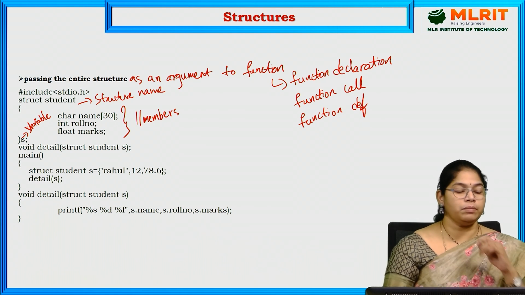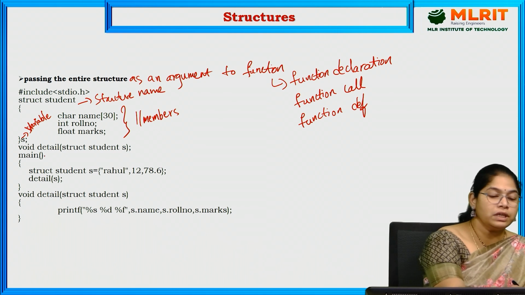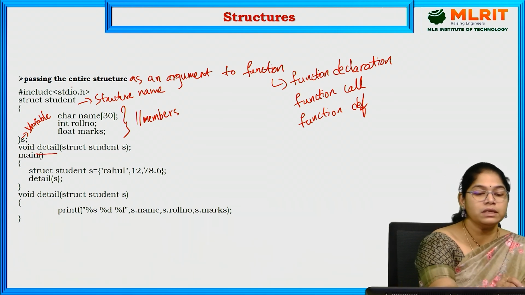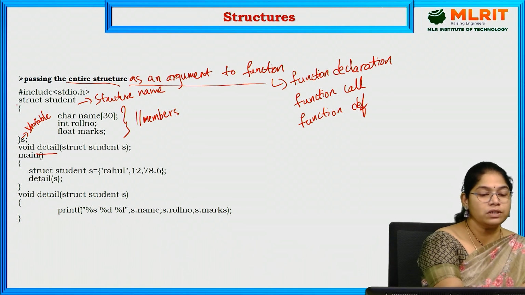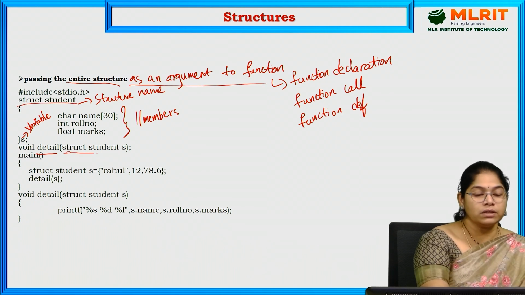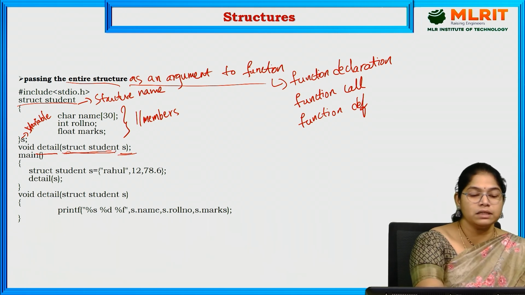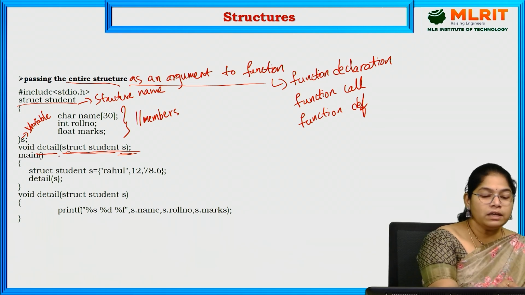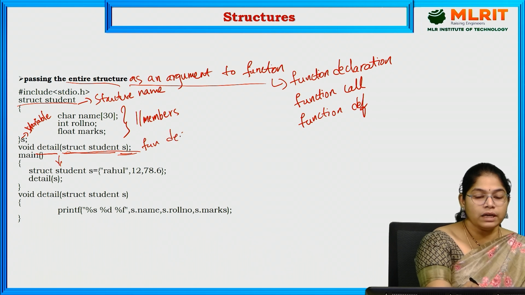Here the return type is void. Function name, here I consider the function name is detail. Then list of arguments. What I am doing here, I am passing the entire structure as an argument to the function. So the entire structure is struct student, and the variable created for the structure is x. I am passing this as the argument to the function. Generally, we declare the function above. So this is the function declaration.